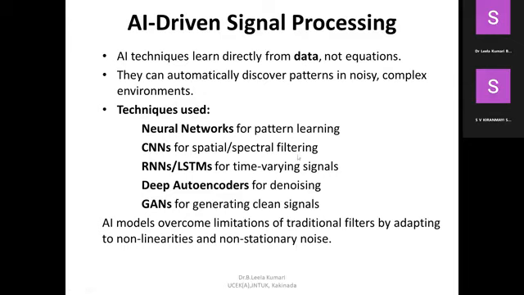So we have different techniques in the AI-based approaches in signal processing. First, neural networks, which learn patterns in data by adjusting internal weights to approximate complex nonlinear relationships in signals.